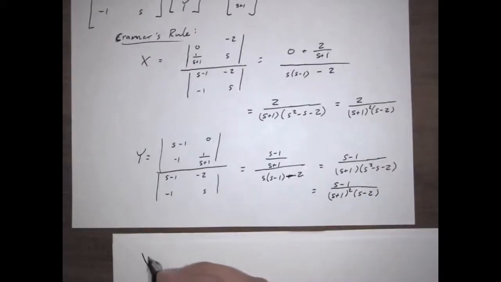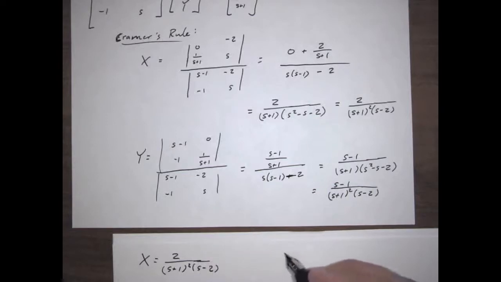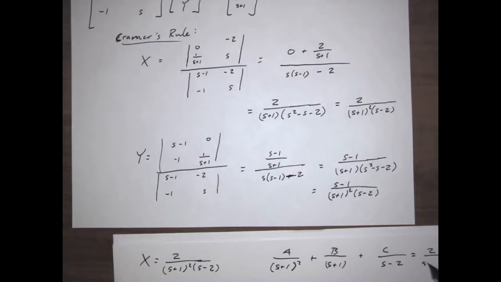So if X is equal to 2 over s plus 1 squared times s minus 2, then A over s plus 1 squared plus B over s plus 1 plus C over s minus 2 equals 2 over s plus 1 squared times s minus 2.